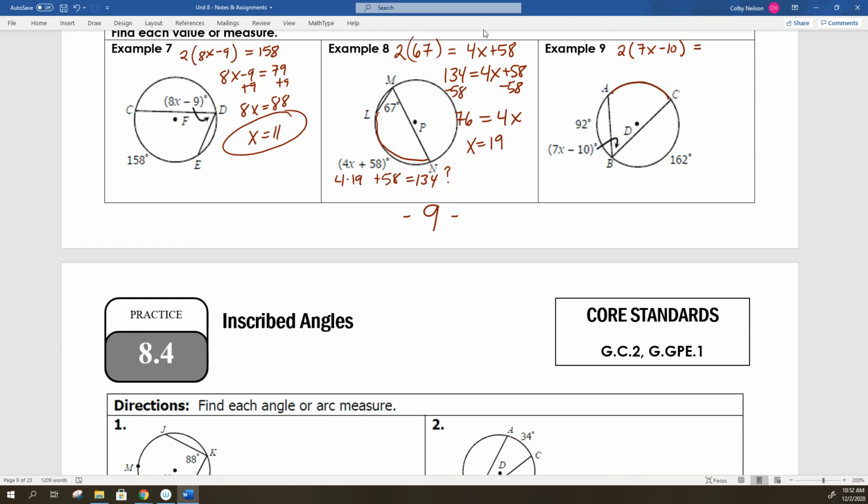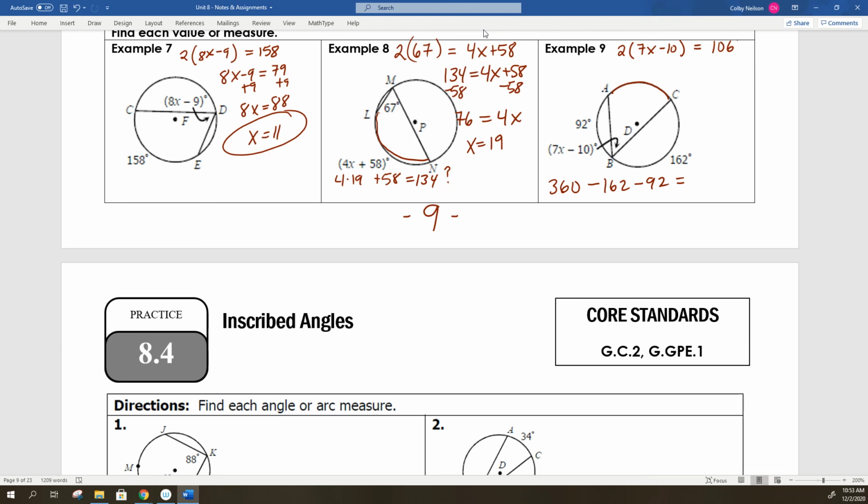Okay, so you're taking 360, we'll write it down here: 360 minus 162 minus 92. So 360 minus those two arcs will give me the arc I don't know, which is AC. So what is 360 minus 162 minus 92? 106.